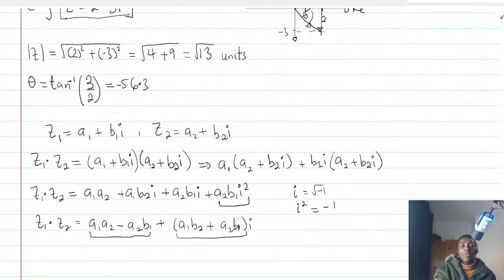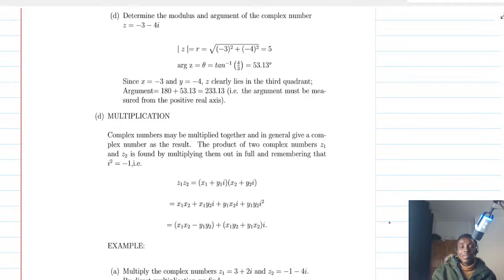But before we proceed, let's look at something interesting here. There is something which we call the conjugate, right? The conjugate. So now, first of all, let's look at this together.